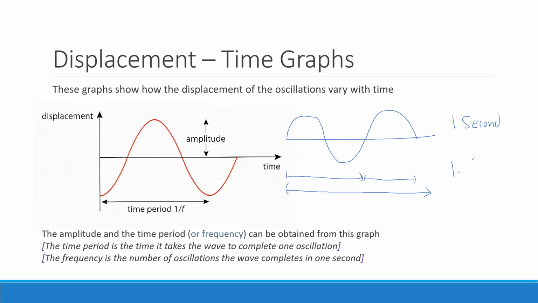So the frequency would be 1.5 hertz. Good. The equation for frequency could be written as the number of oscillations. This is an equation I made up. It's not an actual equation, but it works. Number of oscillations divided by the time it took will give you the frequency.